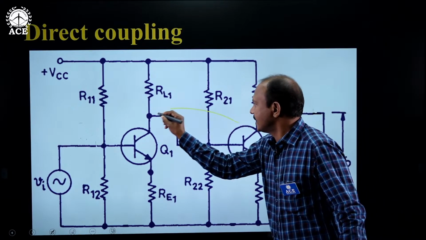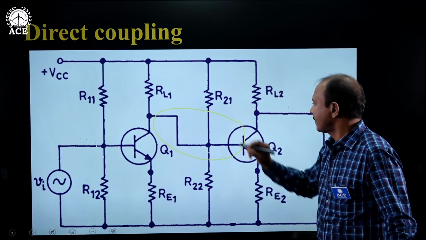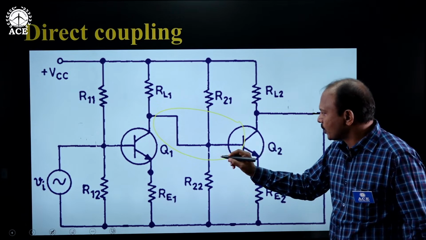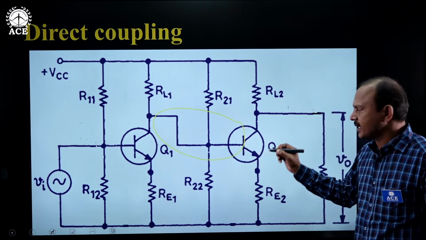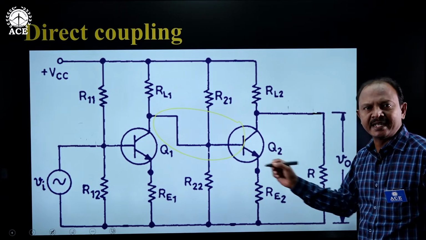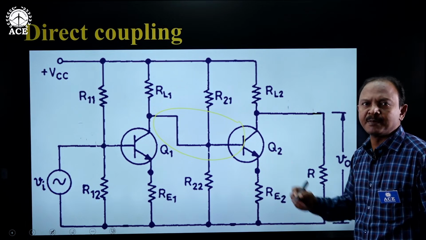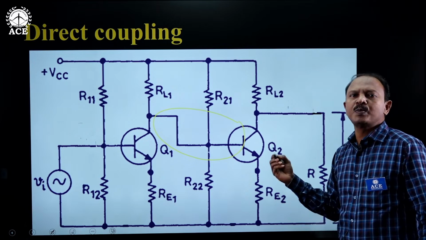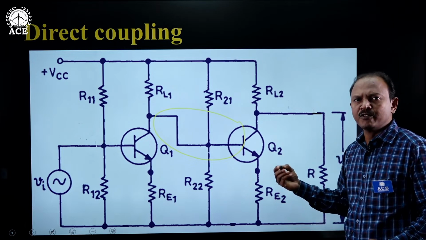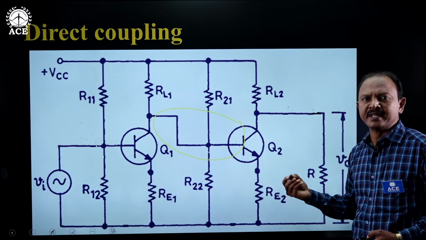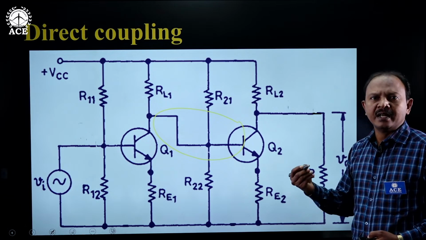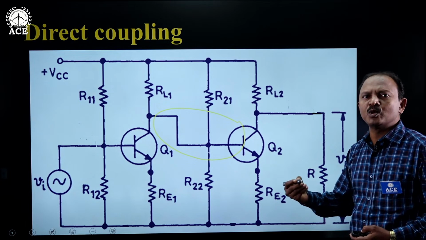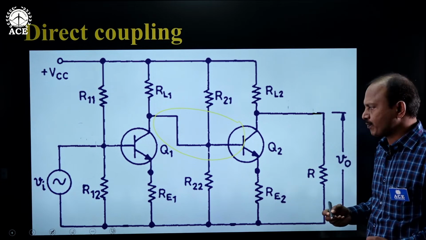If you look at the connection between the two stages, the output of stage 1 is connected to the input of stage 2 directly, hence the name direct coupling scheme or direct coupling. The most popular circuits in which the direct coupling scheme is implemented are the Darlington pair amplifier and the operational amplifier. These two are the most popular direct coupled amplifiers.